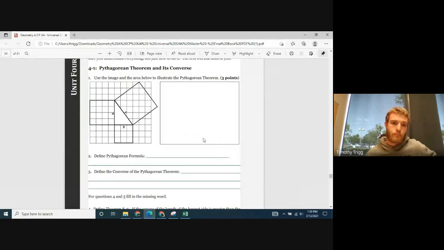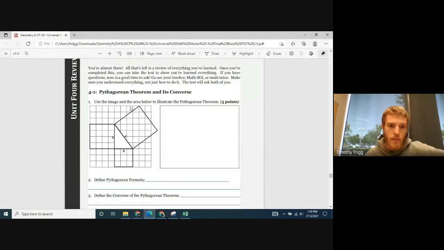So for this first one, use the image and the area below to illustrate the Pythagorean theorem.